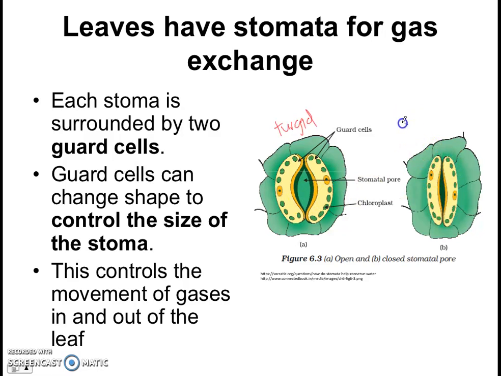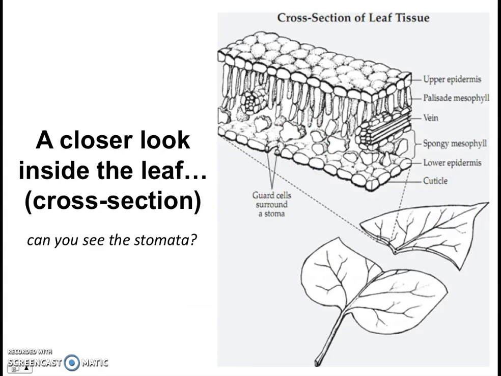And when the guard cells are flaccid, then the stoma closes up. And this prevents gases from moving in and out of the leaf. So by controlling the size of the stoma, we can control how much gas moves between the environment and the inside of the leaf. So let's take a closer look at the inside of a leaf.